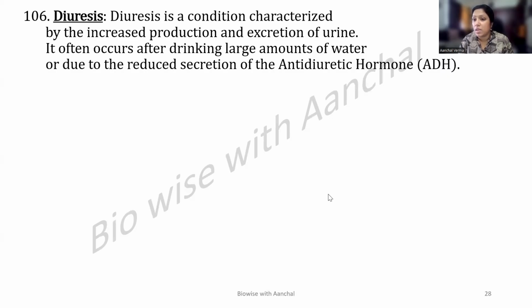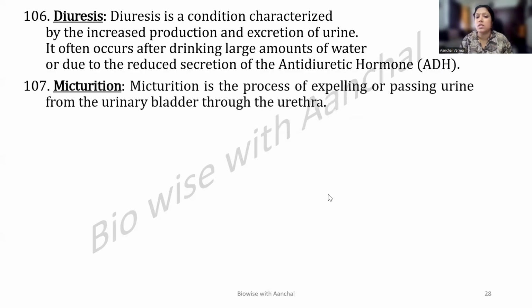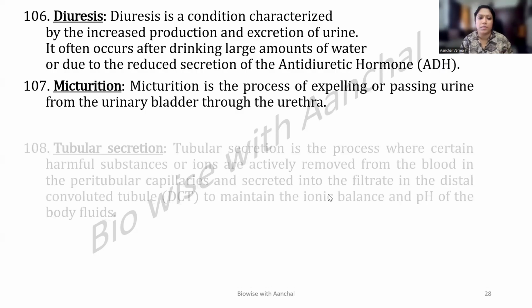So by any means, if ADH is less, it causes diuresis. It is one of the most common symptoms seen in diabetes insipidus patients, where they tend to have polyuria. Polyuria is multiple times urination. Micturition is the process of expulsion of urine from the urinary bladder through the urethra, that is, outside the body.